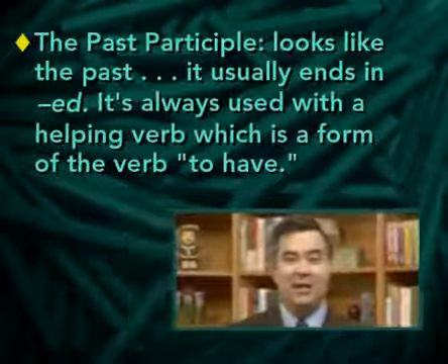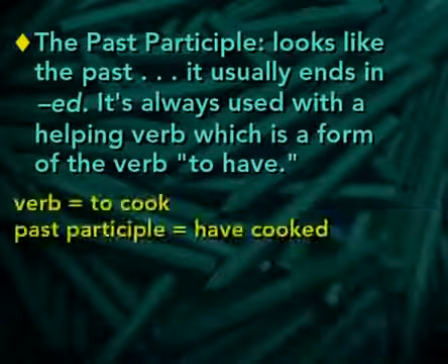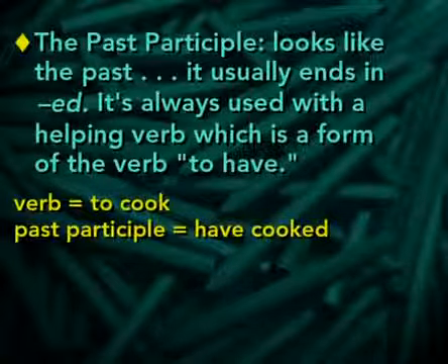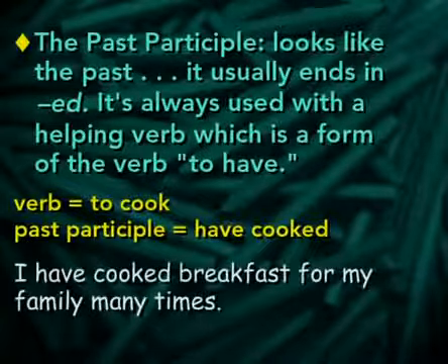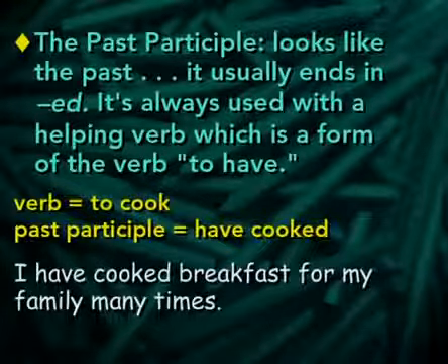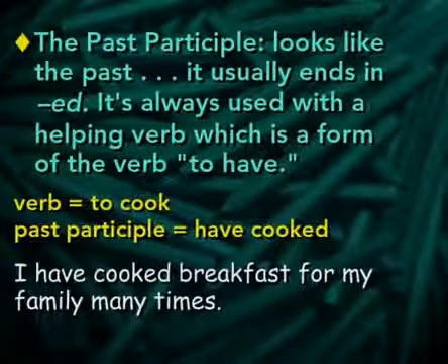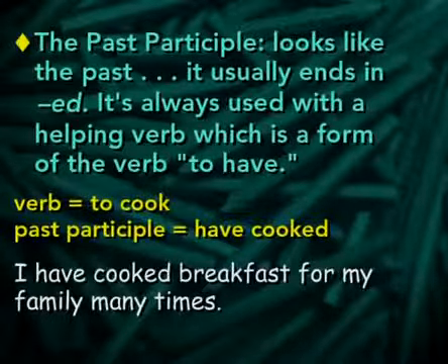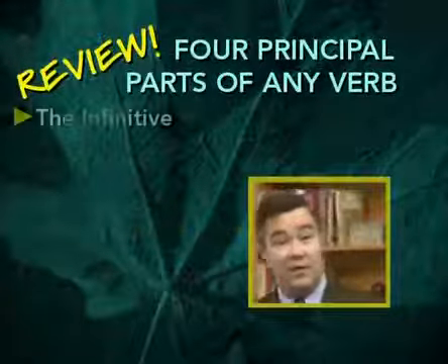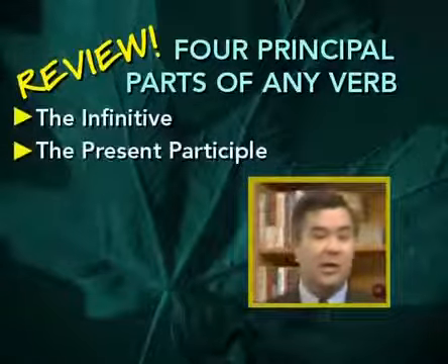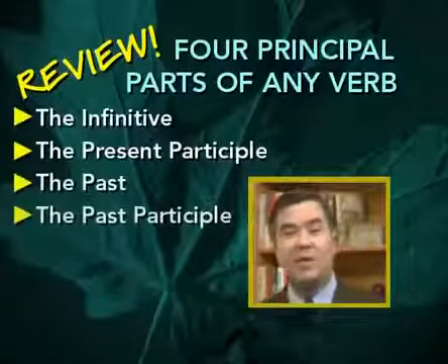So, for example, the past participle of to cook is cooked, but it would be used with a helping verb, such as have cooked. I have cooked breakfast for my family many times. That's an example of how the past participle would be used, with a helping verb, which is a form of the verb to have. These, then, are the 4 principal parts of any verb: the infinitive, the present participle, the past, and the past participle.